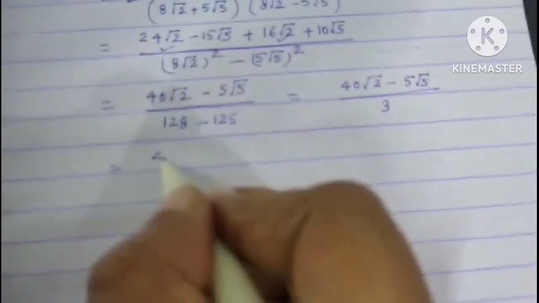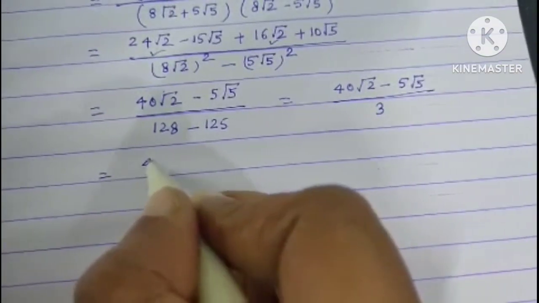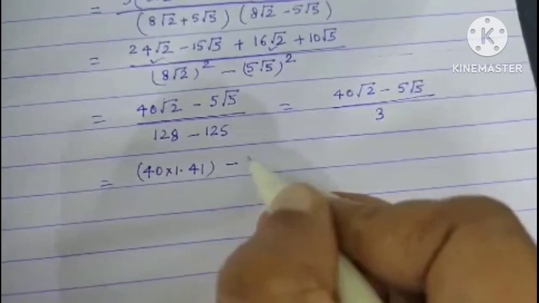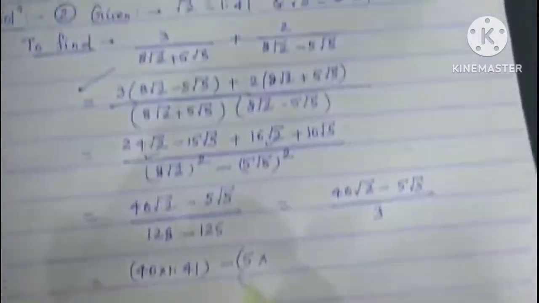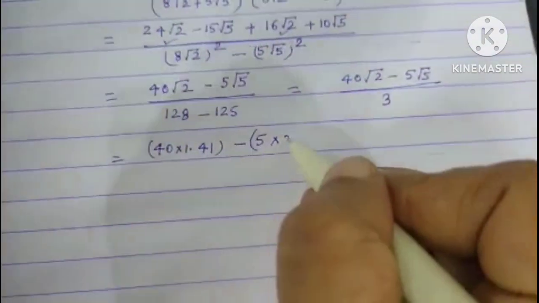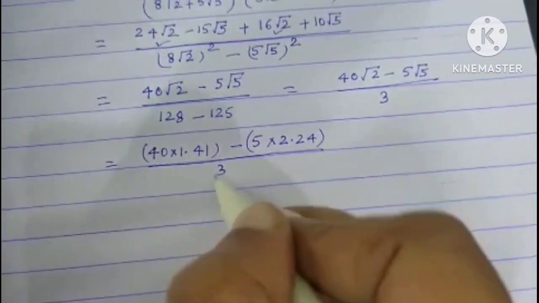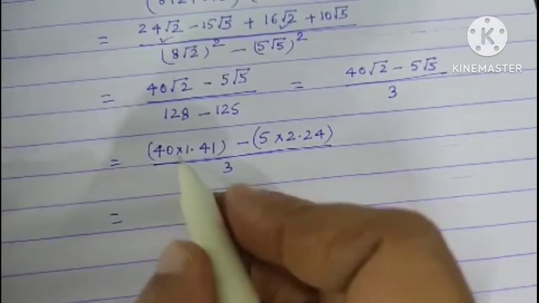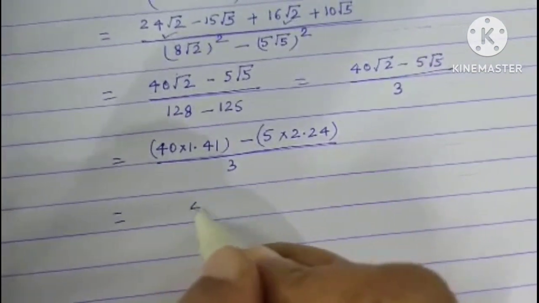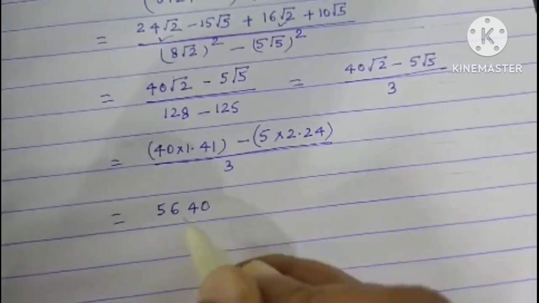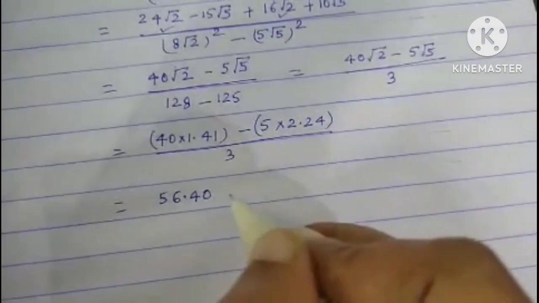Okay, so you put it here: 40 into 1.41 minus 5 into root 5, which is 2.24, divided by 3. So it will come out like this: 4 into 1 is 4, 4 into 14 is 56, 1 0 here, and this will come out like this.